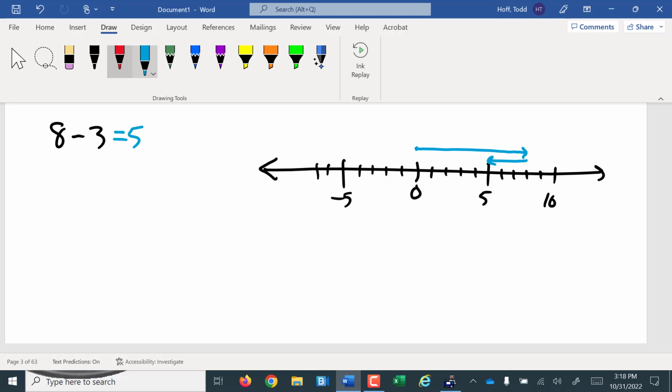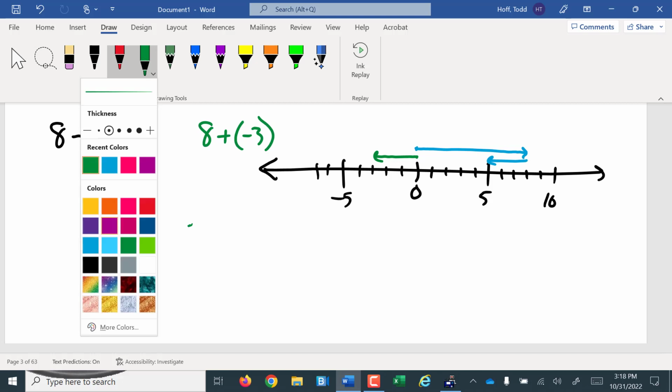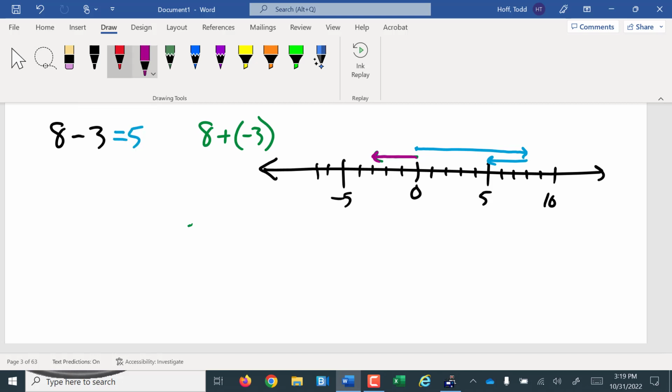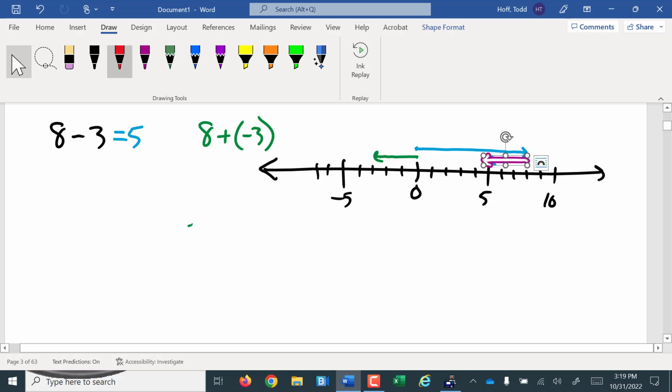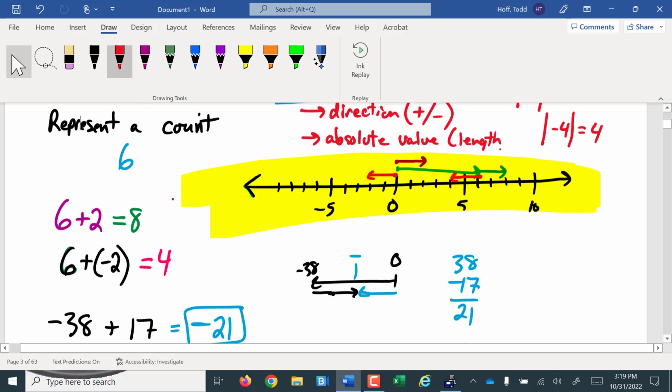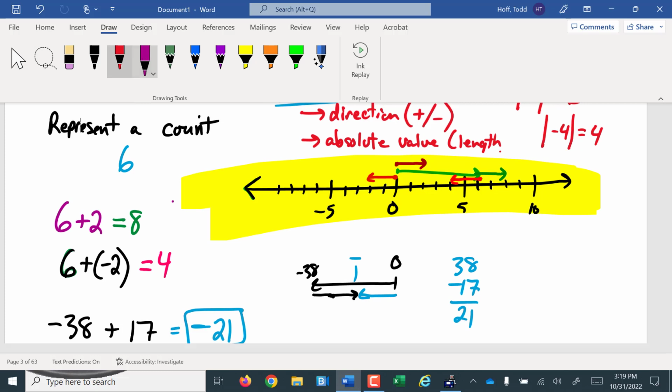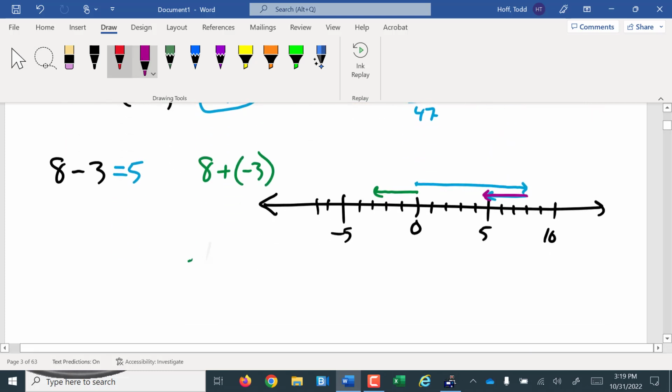But if I look at that picture, some of you might pick out that picture looks an awful lot like the picture of 8 plus a negative 3. Because it is. Negative 3 would look something like that. If I took that negative 3 and I moved it with the 8, oh, there it goes, I'd get 5. The reason it looks an awful lot alike is because it's the same problem.